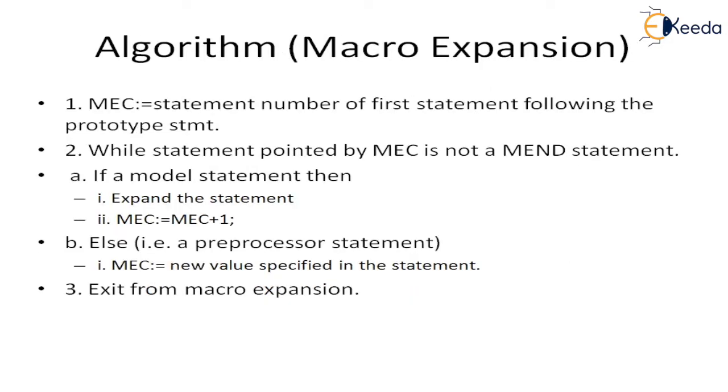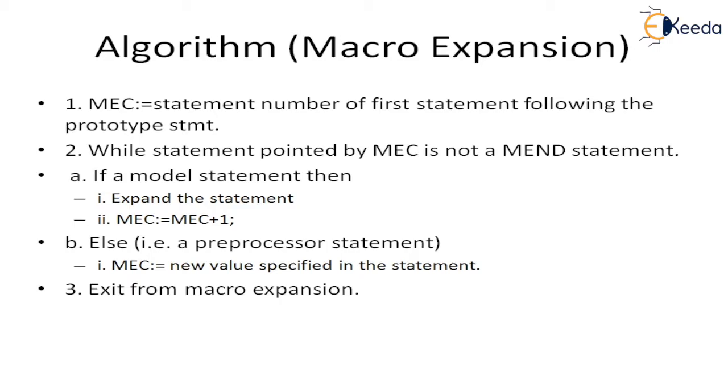Now the algorithm for macro expansion first sets the macro expansion counter, MEC, to the statement number of the first statement following the prototype statement. After that, a while statement checks that the macro expansion counter does not point to MEND. If it is MEND, the expansion stops there. So the while loop starts from the MEC.